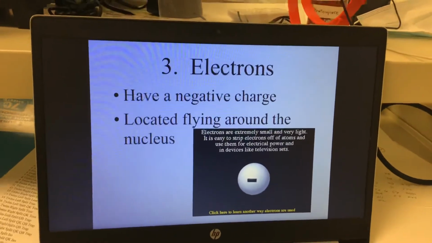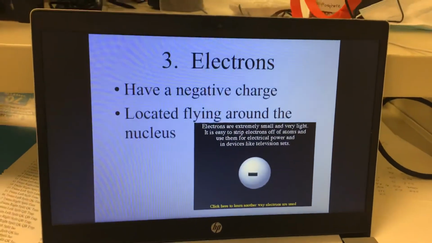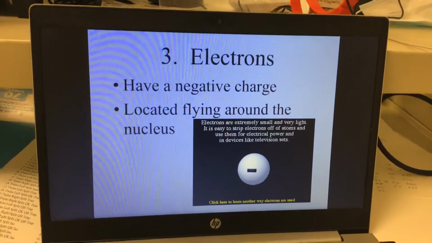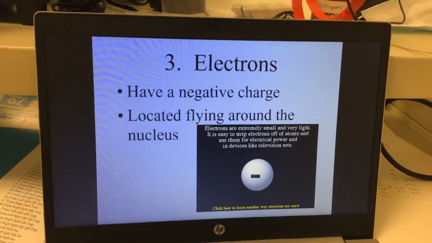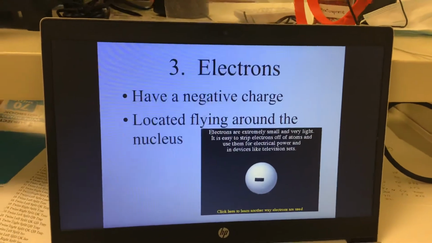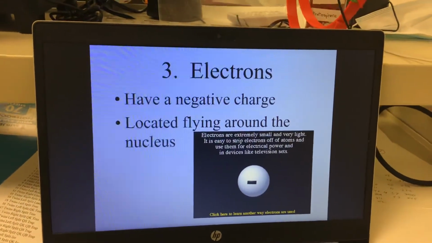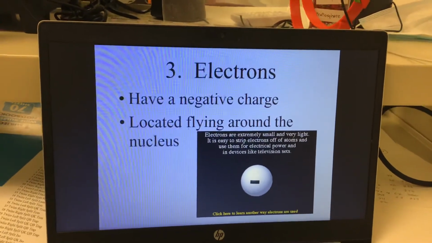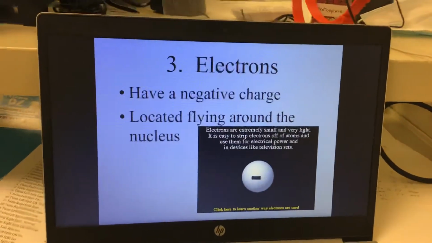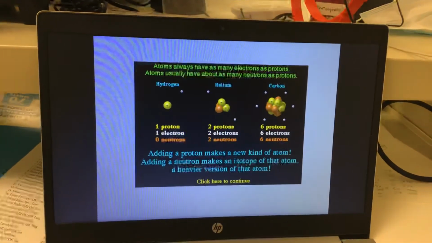So protons and neutrons are kind of stuck together. Electrons are bouncing around, making an orbit. So you need to know protons, positive in the nucleus, neutrons, neutral in the nucleus, electrons, negative outside of the nucleus.